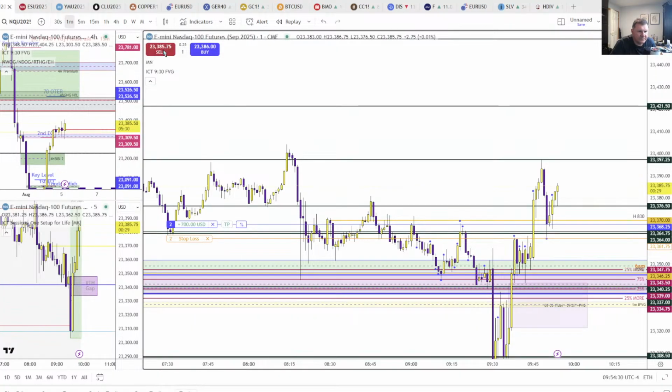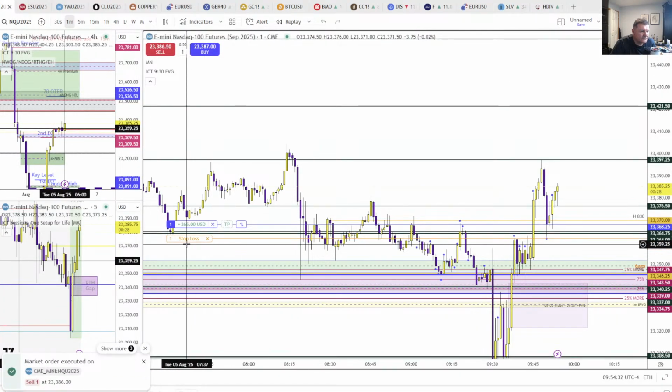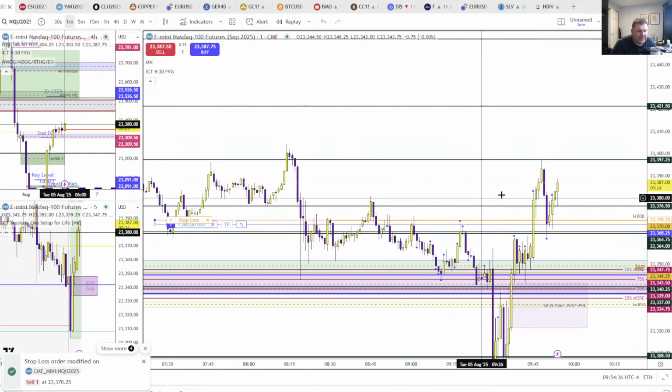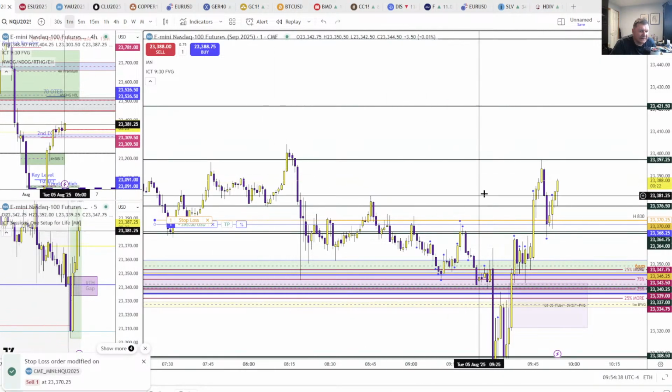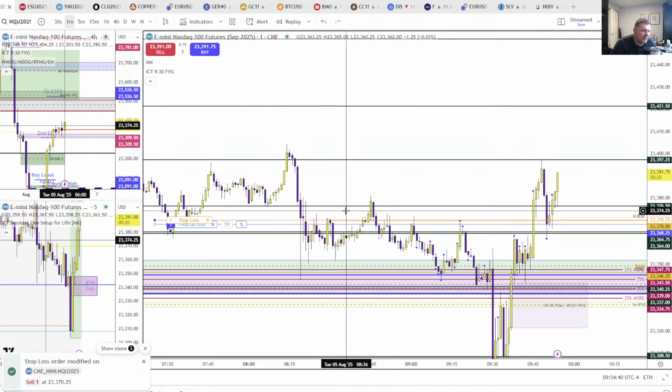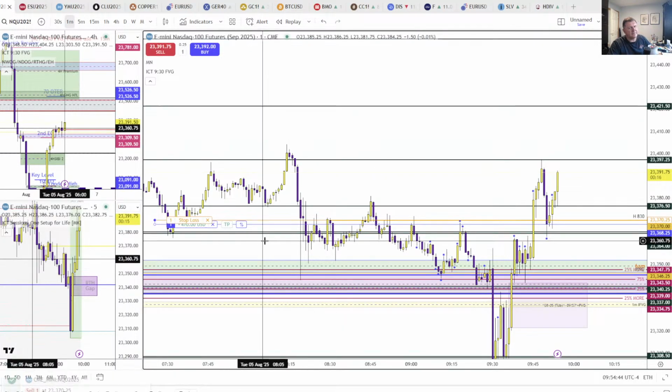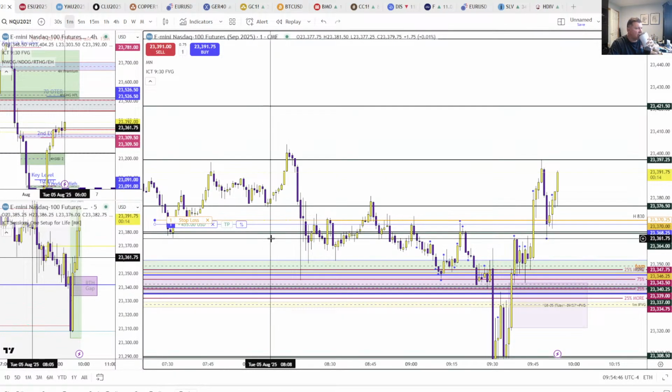Right there. Now see if we can get back through this level and this level. Keep going higher. Leave that last one on to run now. So it's a stress-free trade.